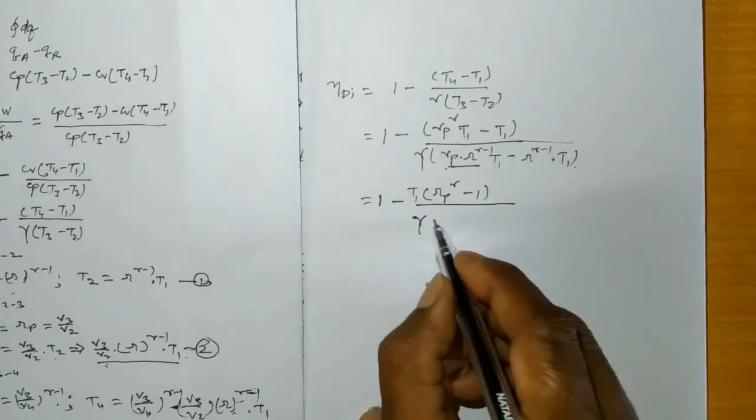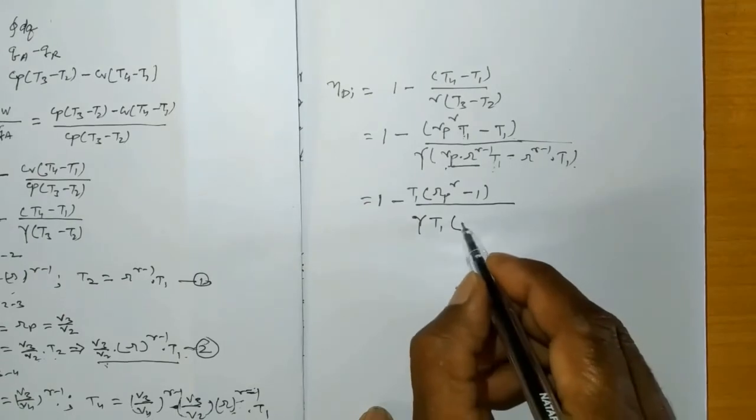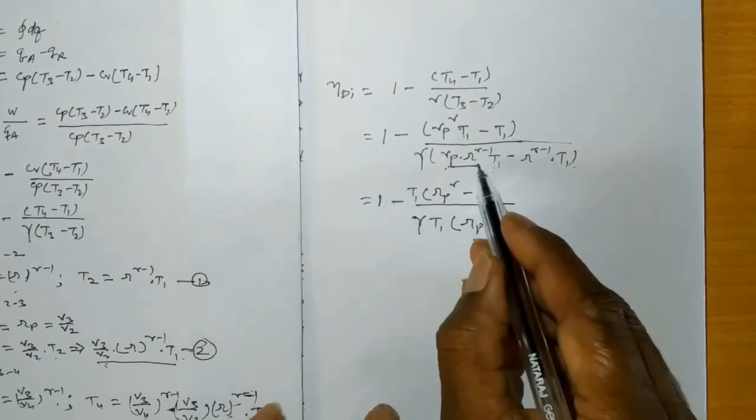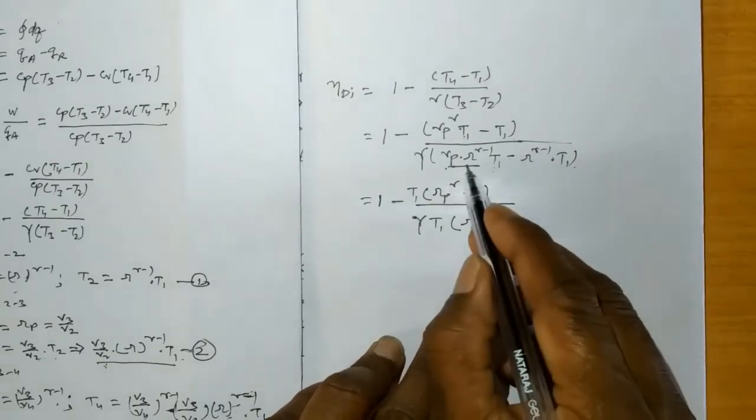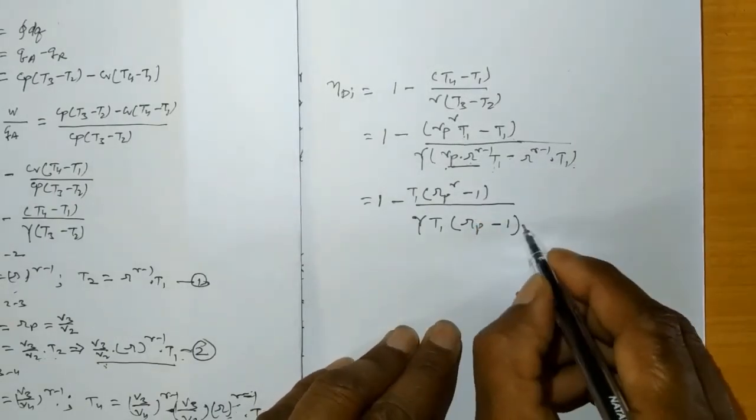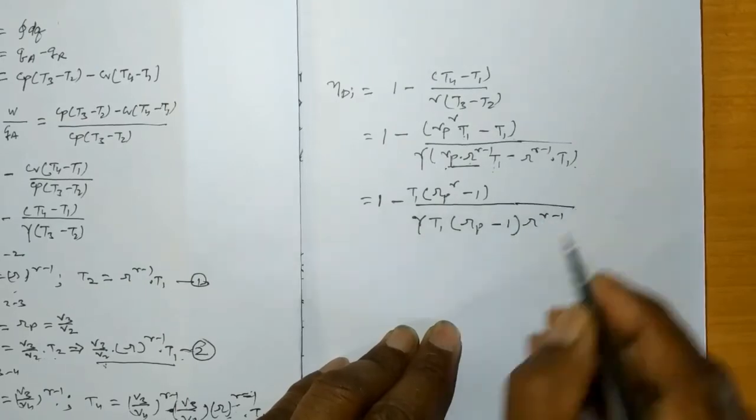T1 is common from this equation, and Rp minus 1, and R power gamma minus 1 is also taken as common.